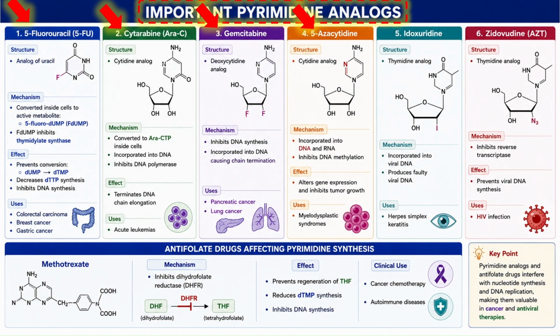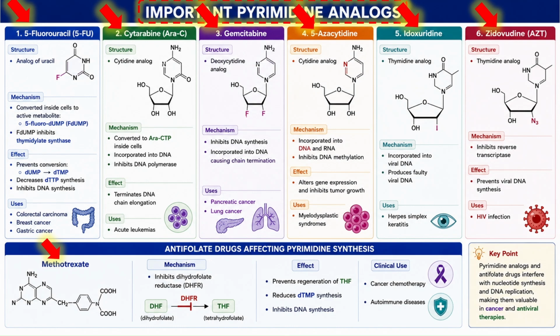Now the next drug is idoxuridine. It damages the viral DNA, while zidovudine inhibits the reverse transcriptase in the HIV. And finally, methotrexate. Methotrexate acts indirectly by blocking the dihydrofolate reductase and reducing the tetrahydrofolate regeneration. That will ultimately result in decreased dTMP synthesis.